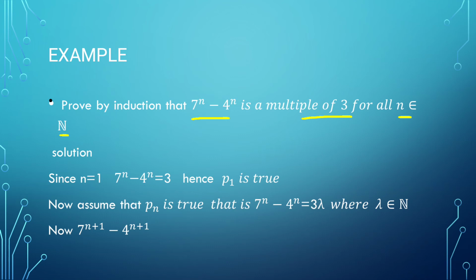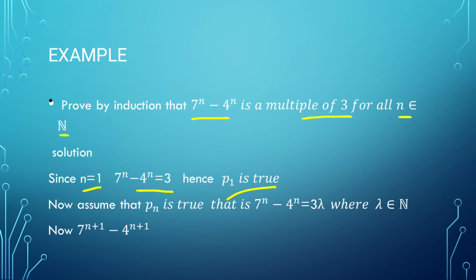So if we want to use the induction method here, we have to test whether n equal to 1 is true, and if we do that, we find this is giving us 3, and 3 is actually a multiple of 3, isn't it? So therefore P1 is true.